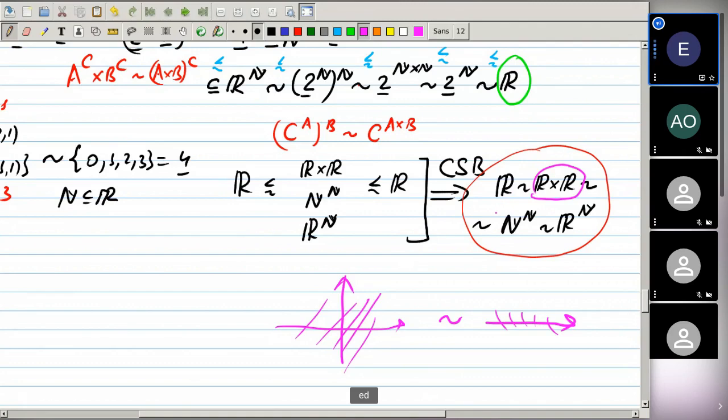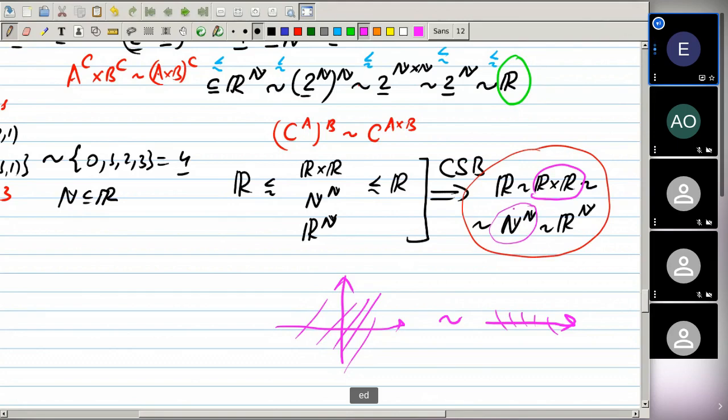Georg Cantor once remarked about something like that: I see it, but I don't believe it. There are as many points on the plane as there are points on the line. There is a bijection between the two. How many functions from naturals to naturals do we have?